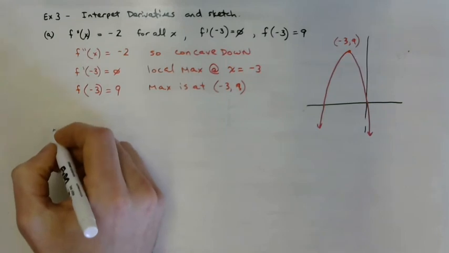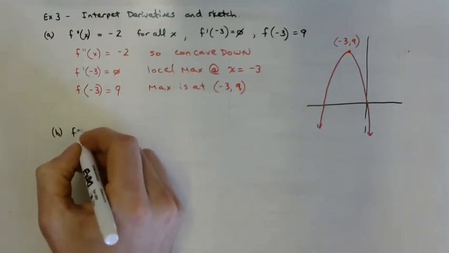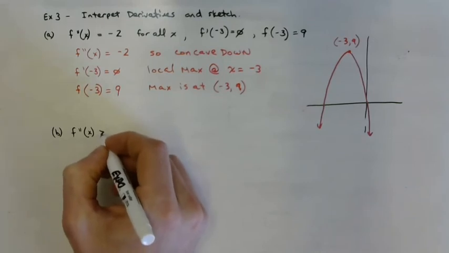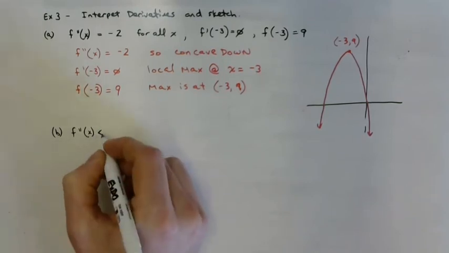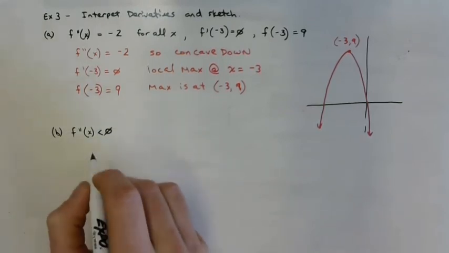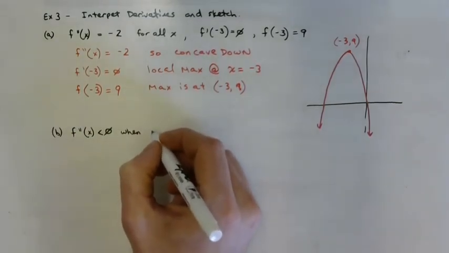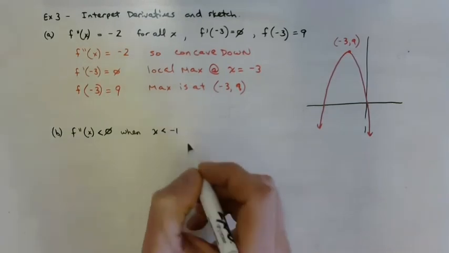Okay, second one. We are told f double prime of x is less than 0, so it's negative, when x is less than -1.